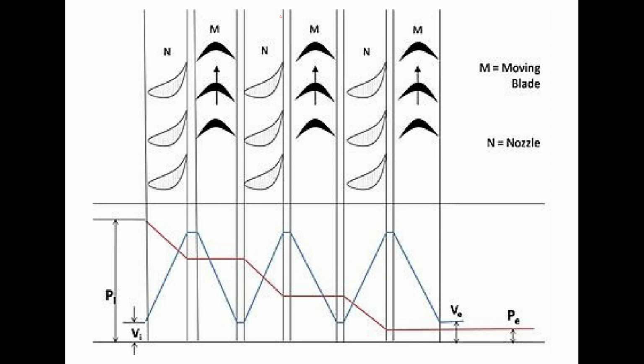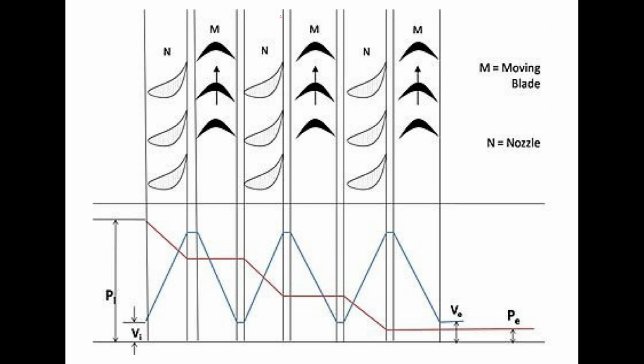In the bottom graph, the pressure versus velocity plot shows the initial pressure and initial velocity, and then on the right hand side the outlet velocity and outlet pressure over the stages. The initial pressure is always higher when entering the nozzle, and the exit pressure is reduced stage by stage, dropping the total pressure.